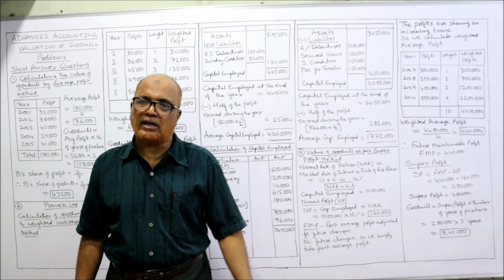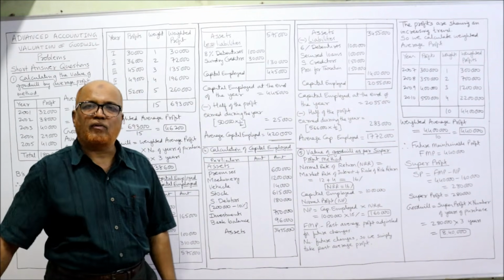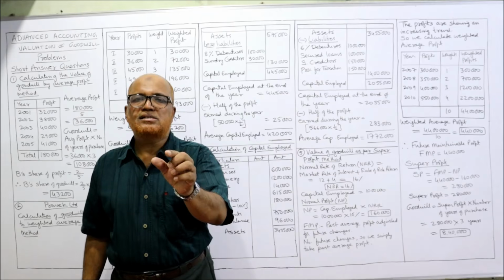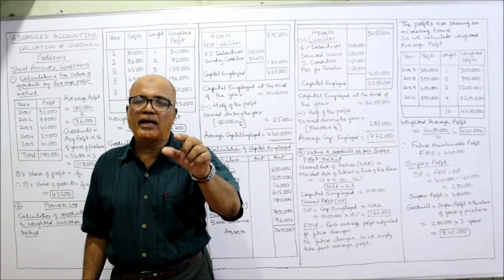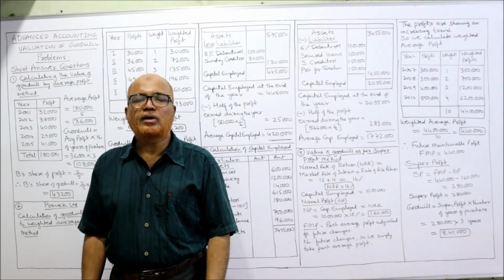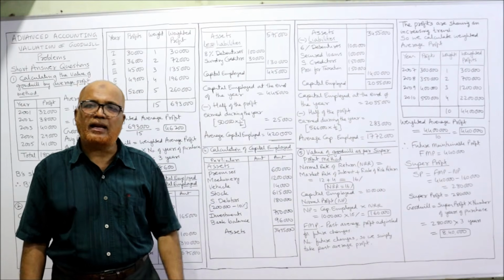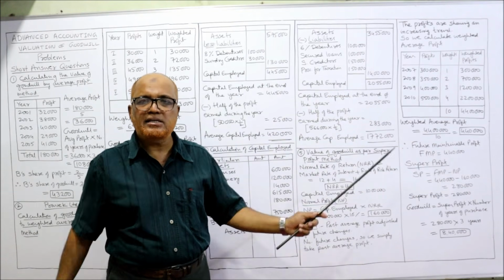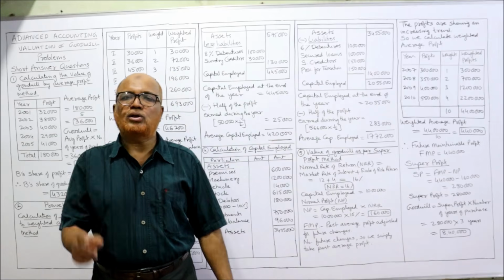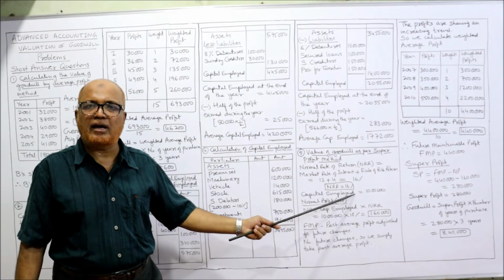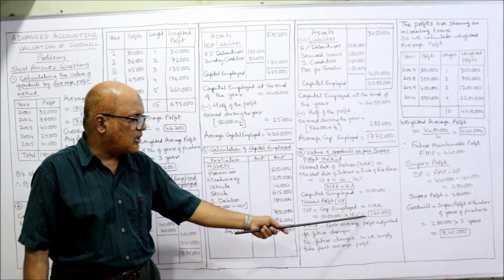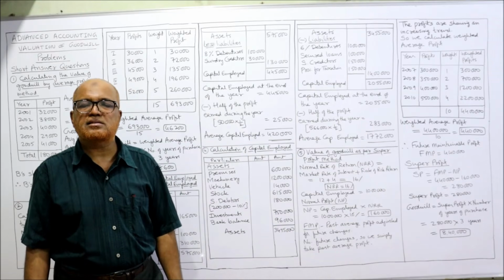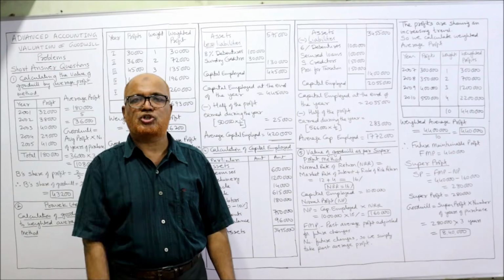Normal profit is capital employed into NRR. So 10 lakh into 16 by 100, you will get 1,60,000. What is this 1,60,000? Normal profit.